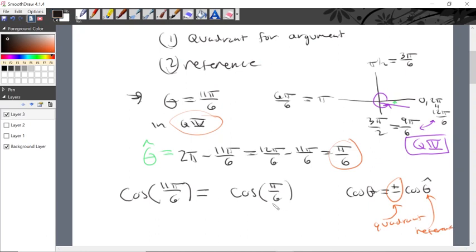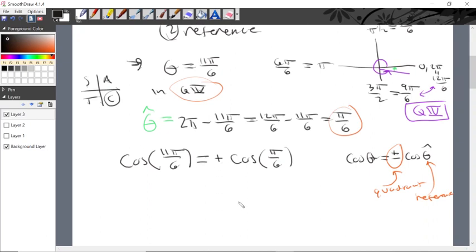So we need the cosine of pi over 6, and we need to know if it's positive or negative. We're in quadrant 4. In quadrant 4, the cosine is positive, so this is going to be positive.